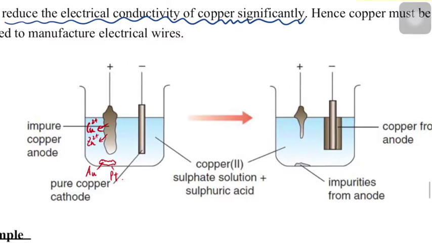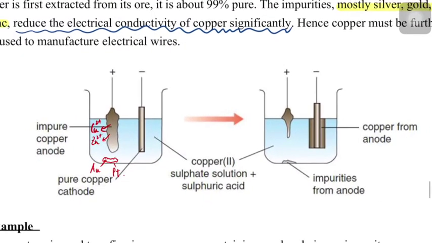Okay, then after some time, copper in the solution would gain the electron from the negative electrode, and then it will form pure copper on the surface. Okay, so that's pure copper formed here.